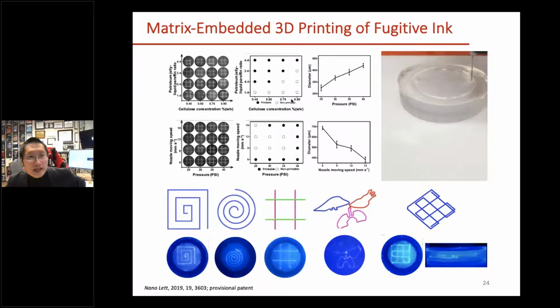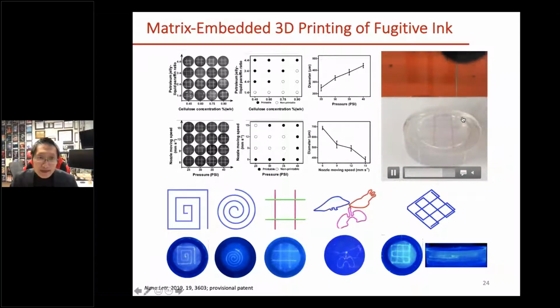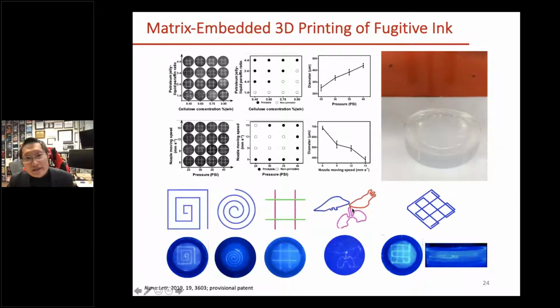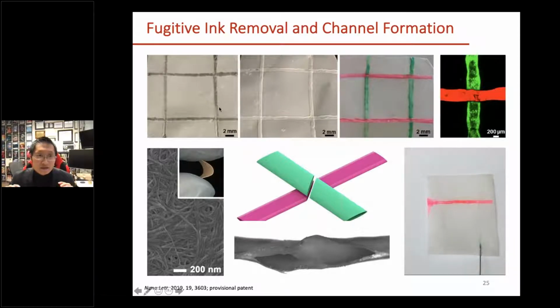Here, you have these sacrificial bioinks based on petroleum jelly and liquid paraffin, and if you have them in the right ratio, you can directly print them into a matrix of bacterial cellulose. With optimized conditions, you can print any type of structure, two-dimensional or three-dimensional, into this matrix. Then you just air dry the matrix to form a paper-like device, but one that also has these embedded printed sacrificial templates.